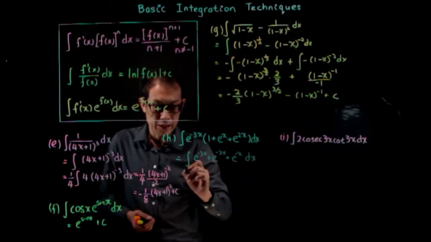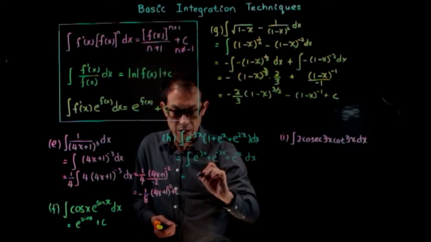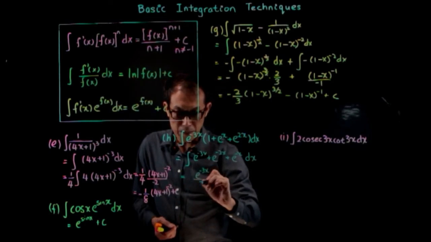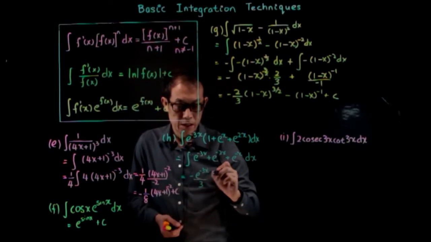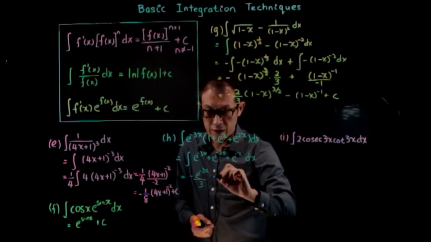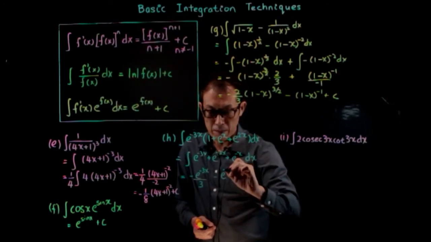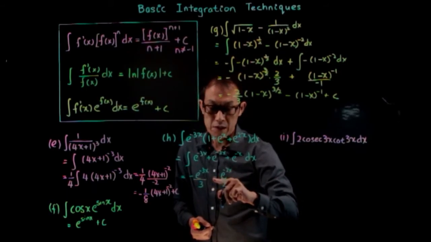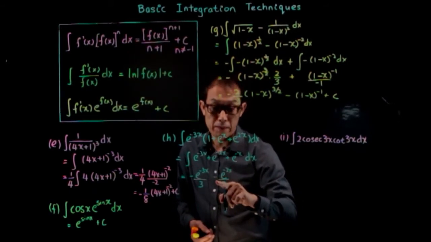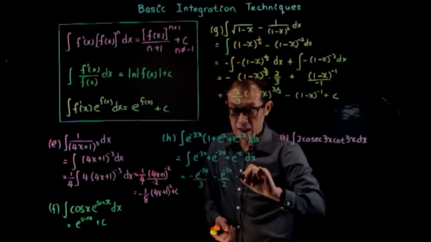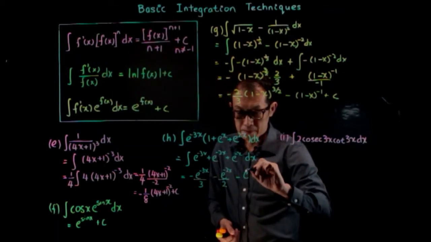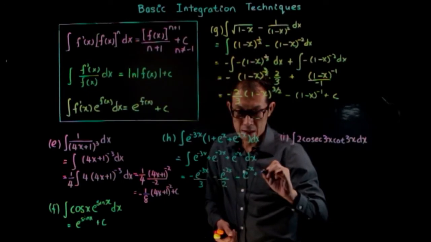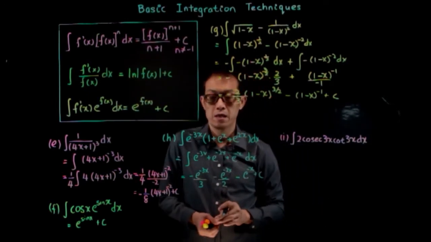Now how to integrate this? I have e to the power minus 3x over minus 3. And then this one I will have minus e to the power of minus 2x over minus 2, because it's a plus, then over minus 2 will become minus. Same as this, likewise. Plus c.